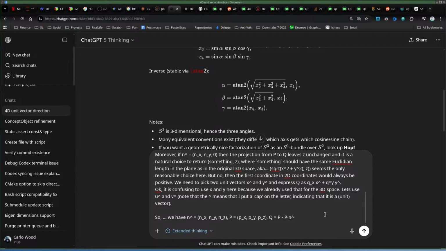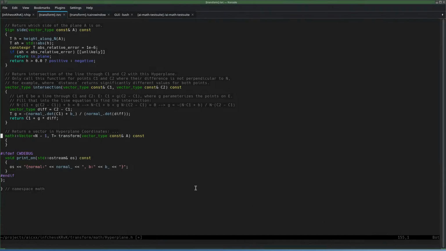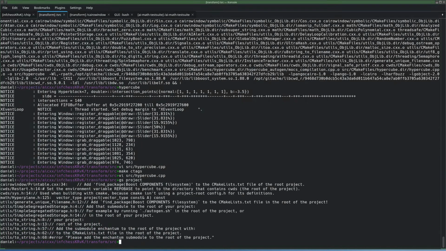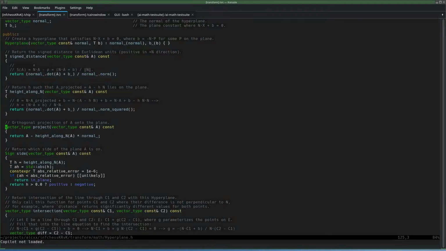Is that correct? How do you project something? It is length times normal.